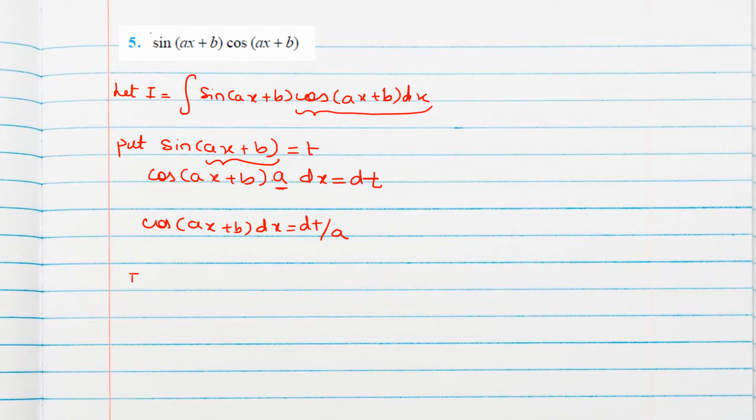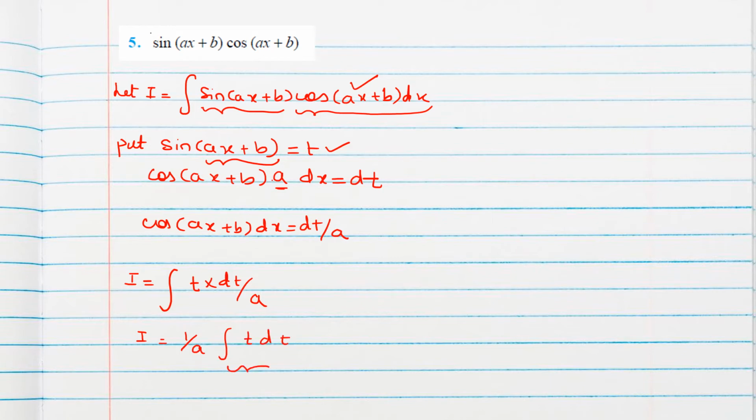Now our integral will become, see, sine of ax plus b we substituted as t, we'll put t here. For this expression we got dt by a. Now 1 by a is a coefficient, we can write outside.